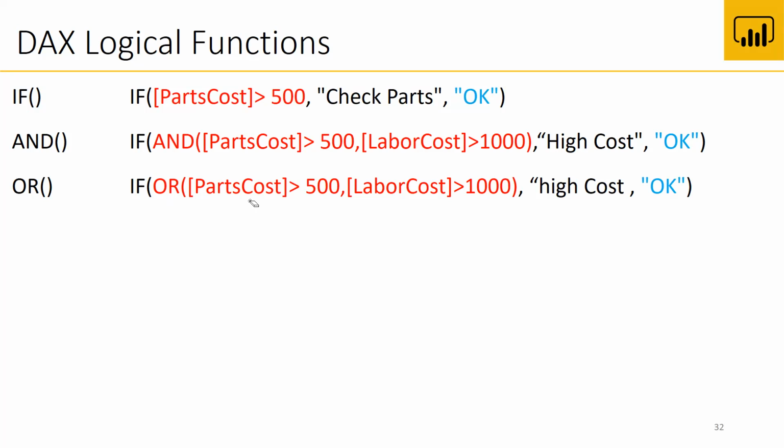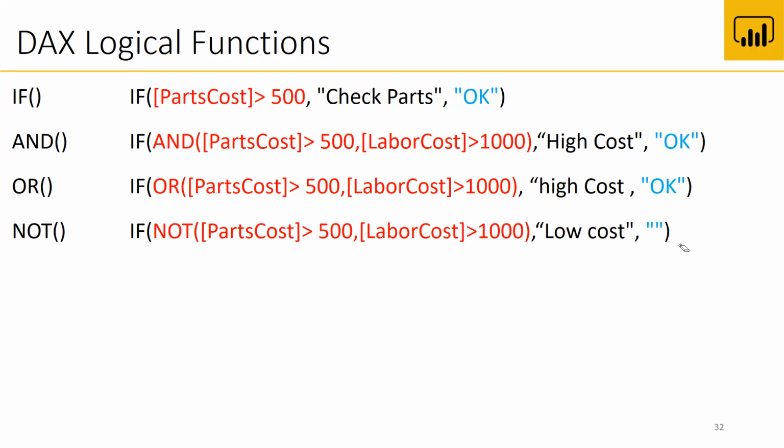OR operator: if this condition is true and this is false, then the overall condition will be assumed to be true. If any one of the two conditions is fulfilled, then high cost. But if both conditions are false, then okay. OR means if any one of the expressions is true, then OR will be true.